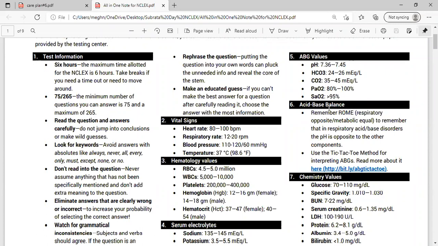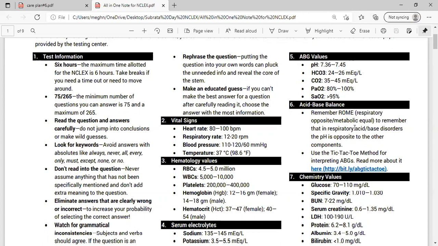In case of acid-base balance, we can remember ROME. R stands for respiratory, O for opposite, M stands for metabolic, E for equal. What does it mean? It is an easy way to remember.